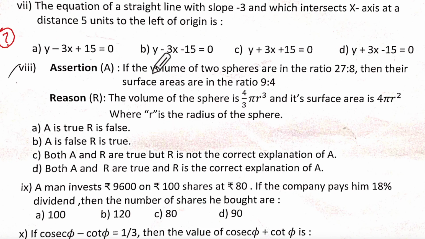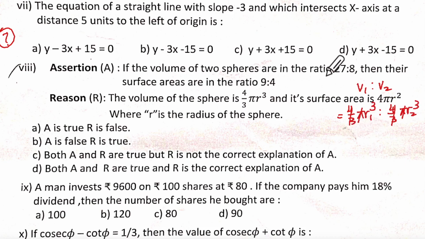Understanding. Assertion: if the volumes of two spheres are in the ratio 27:8, their surface areas are in the ratio 9:4. Now two spheres, the volume V1 is to V2 is 4 upon 3 pi R1 cube is to 4 upon 3 pi R2 cube. Okay, 4 upon 3 got cancelled and pi also got cancelled.